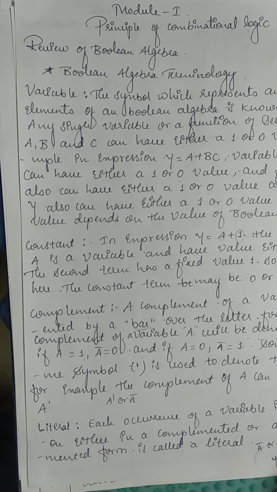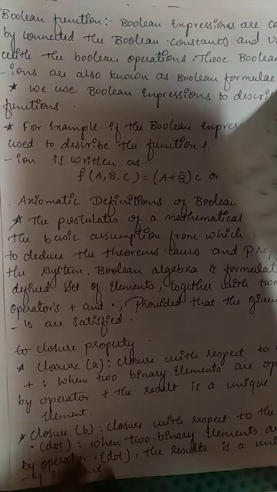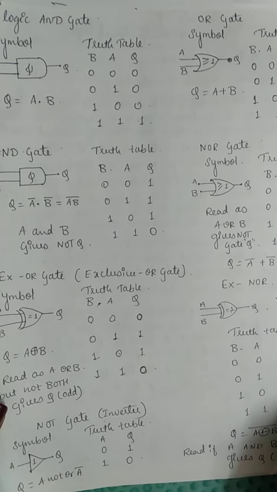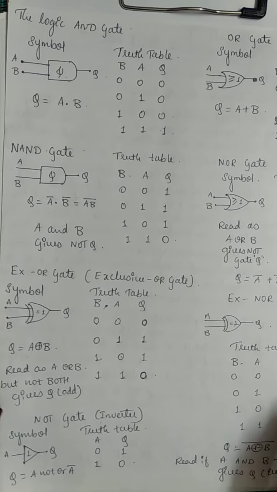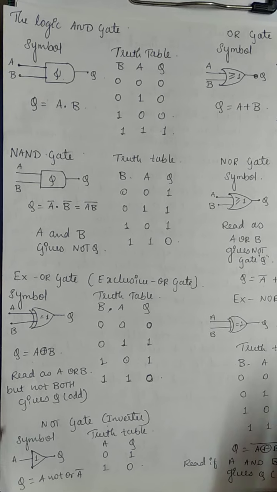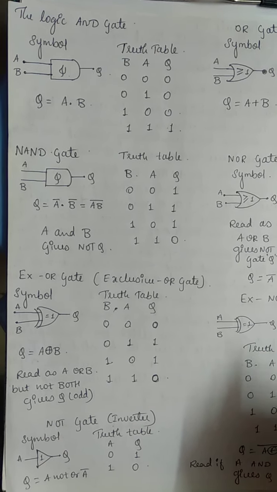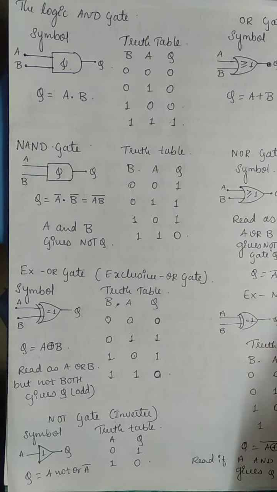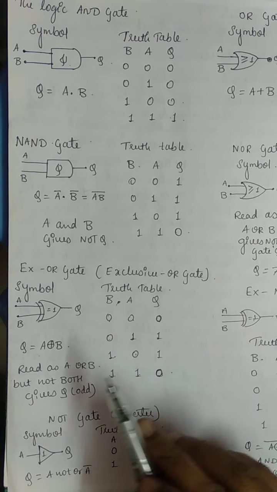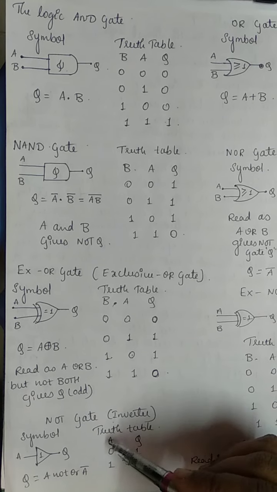After that we have studied the gates. Here I have written the symbols and truth tables of the respective gates: AND gate, OR gate, NAND gate, NOR gate, XOR gate, XNOR gate and NOT gate.